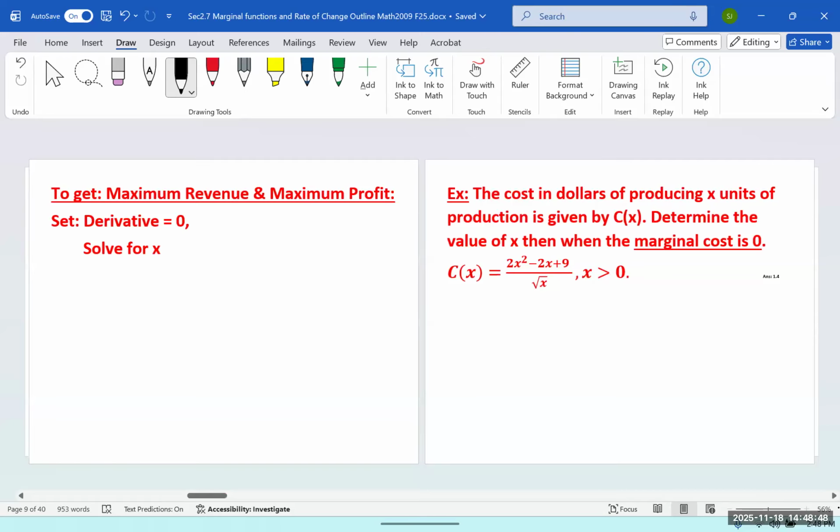For example, this type of scenario. The cost in dollars of producing x units of production is given by C of x. Find the value of x when the marginal cost is 0. So they gave us a cost function and they want us to find how many x we have when we have marginal cost.